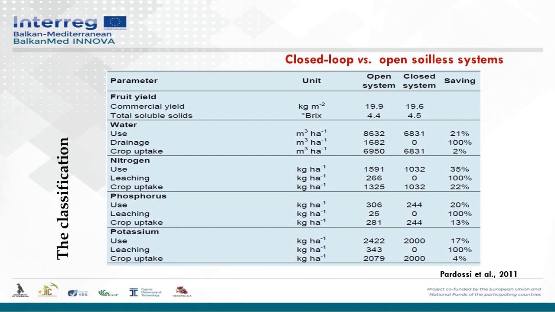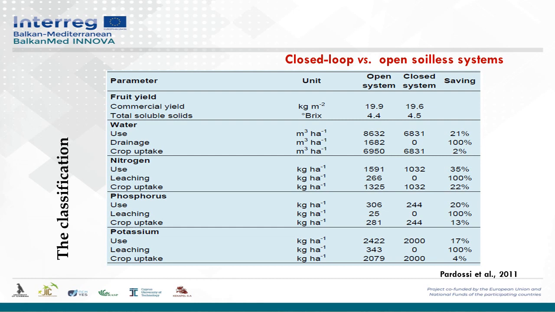But we should say that having a closed system, we are under a certain pressure of reducing yield, and it might happen sometimes if the recirculated nutrient solution was not managed properly. But there are a lot of benefits regarding water use and nutrient use efficiency, as you can see from the table.